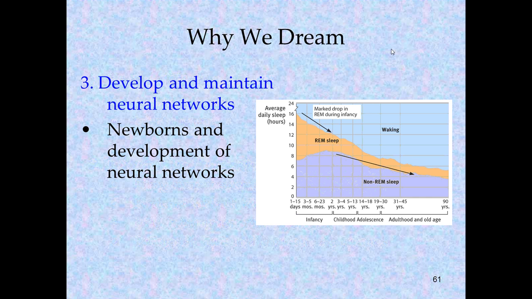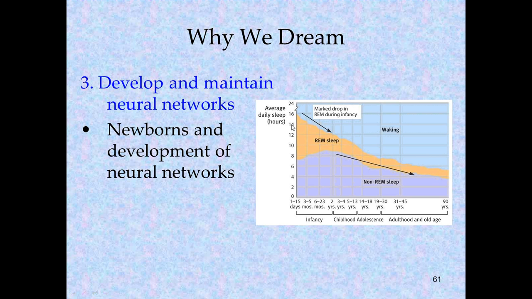Dreams also may serve the purpose of developing and maintaining neural networks, forming new connections between neurons in our brain. One of the things that suggests this is the vast amount of REM sleep that newborn babies get.